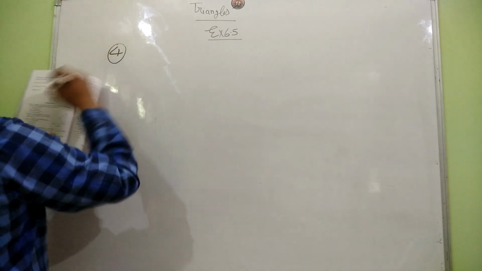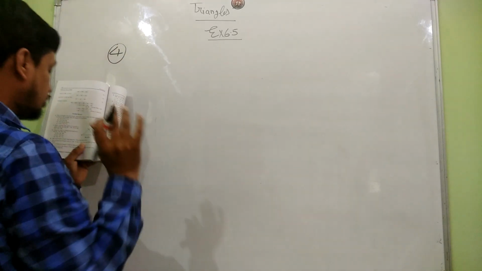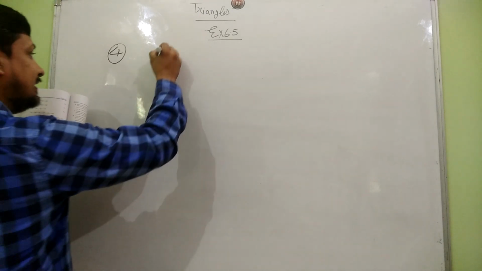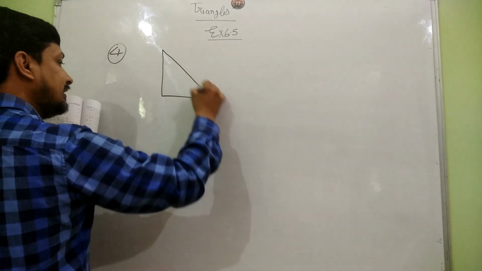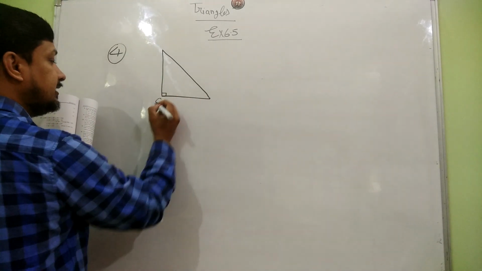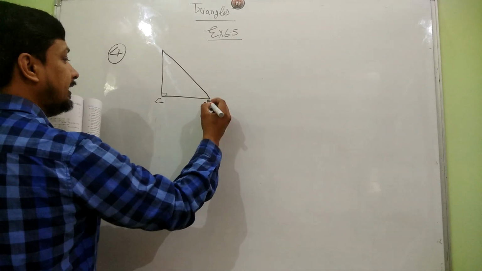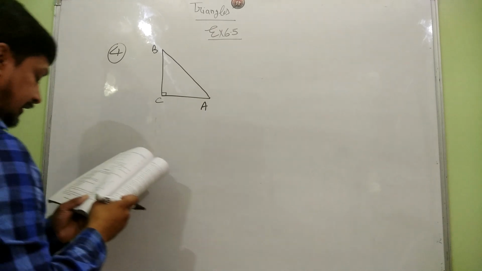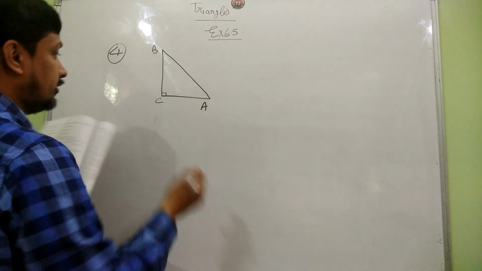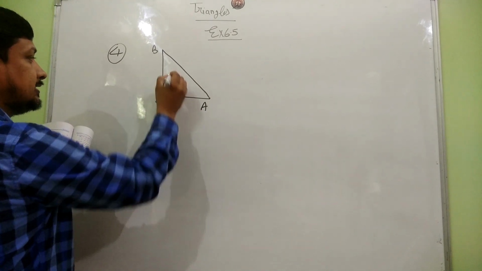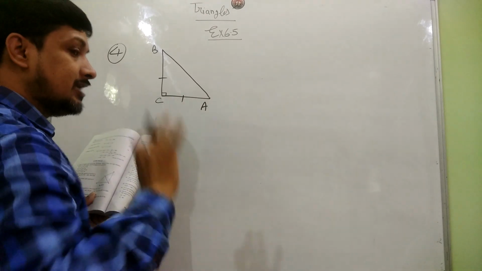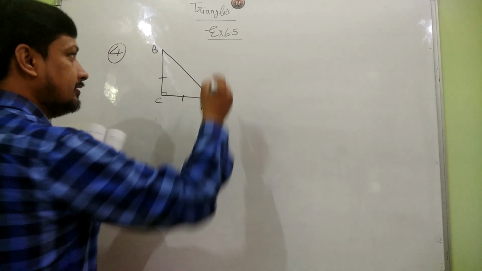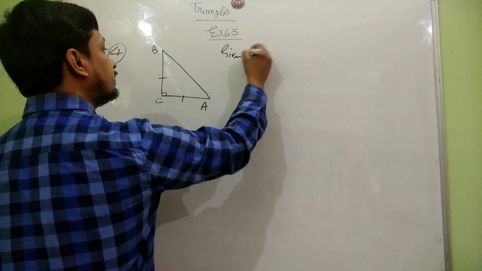So the fourth question is, ABC is an isosceles right triangle, right angle at C. So you have to take C here, and you can take A and B anywhere, whether here or here. It is an isosceles right triangle, so naturally AC should be equal to BC. So what is given?